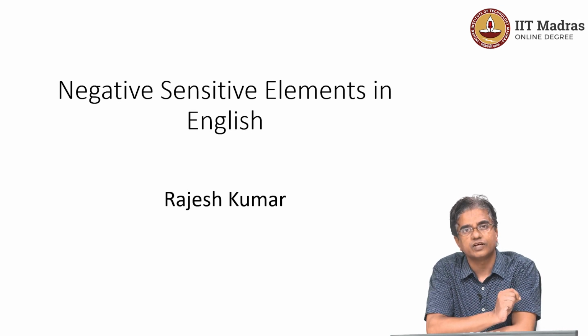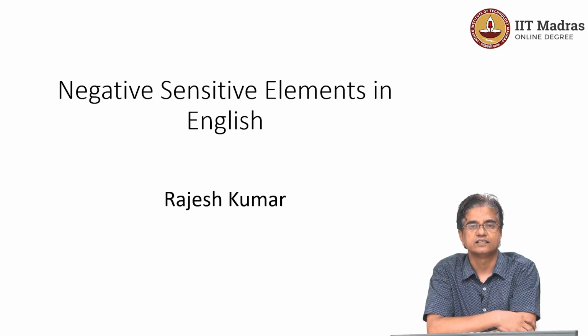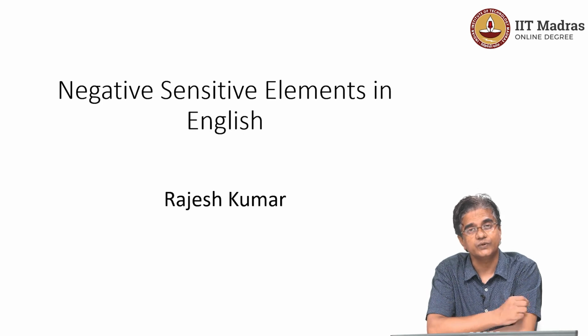The elements that we are going to look at today are called negative sensitive elements. There are some elements in the English language which occur only when you have a negative sentence. In other words, only when you have a negative element in a sentence. And we are going to show you the descriptions of that.